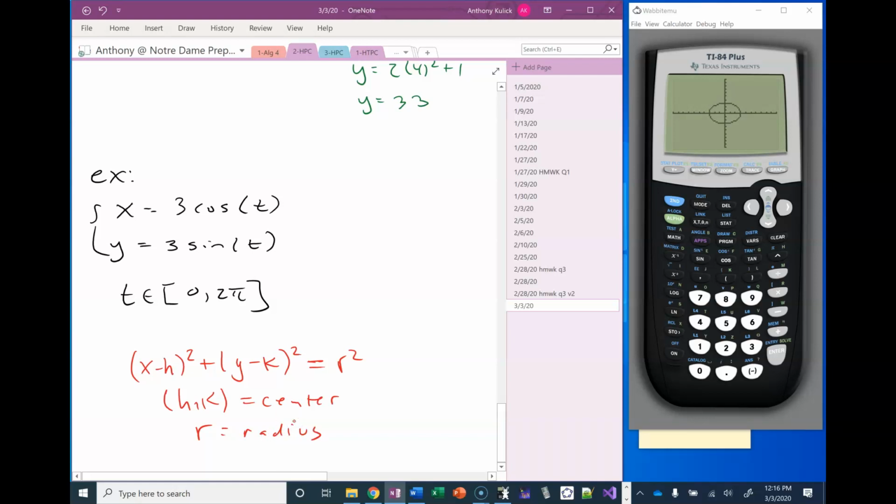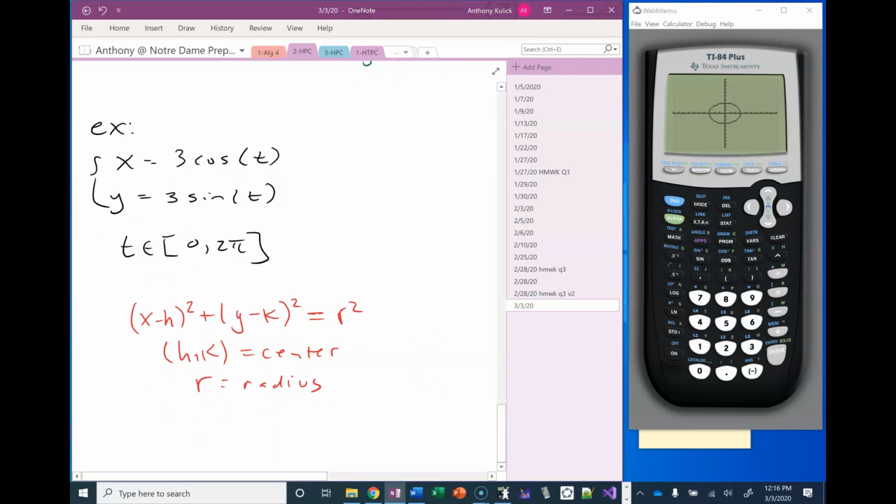Okay. So if I look at this circle in our graph, what's the center for my circle? That's 0, 0, right?